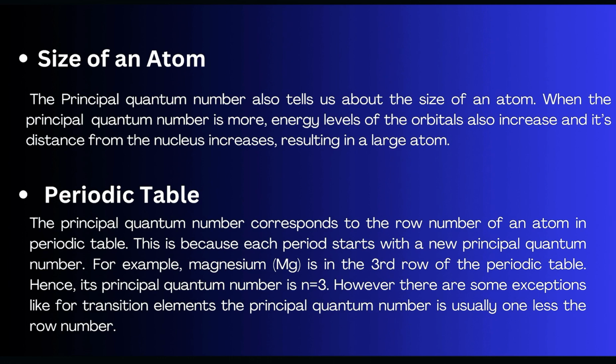Next, periodic table. The principal quantum number corresponds to the row number of an atom in the periodic table. This is because each period starts with a new principal quantum number.